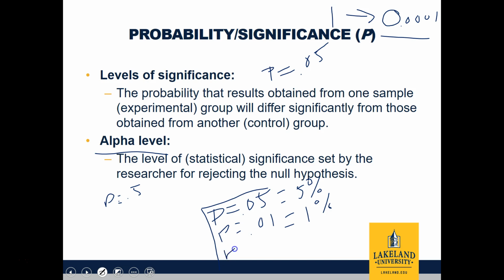And then you may have a p-value of 0.001, which means that we're about 0.1% unsure. So it's basically our level of certainty in our research that we can say we have found data to support whatever our hypothesis is.